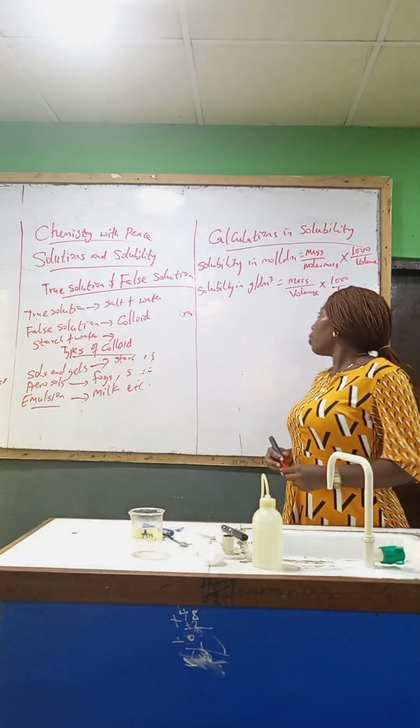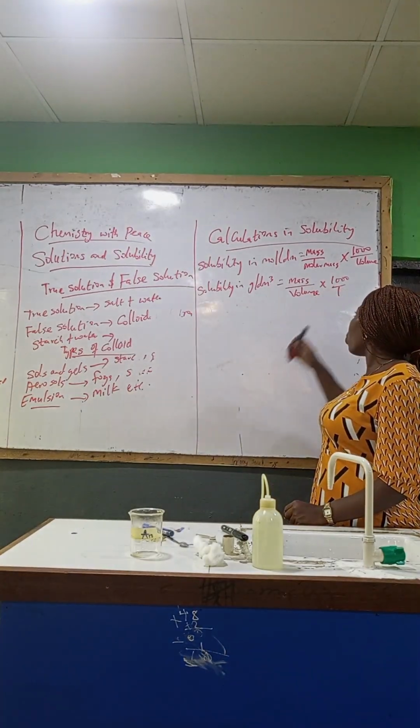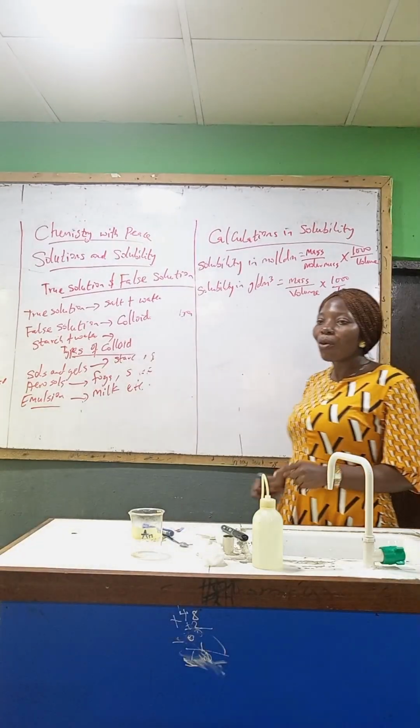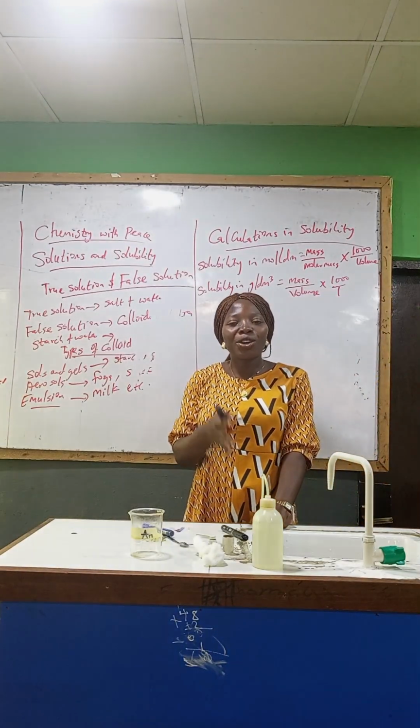Solubility in gram per dm cube is mass over volume times 1000 over 1. I believe you all know the meaning of solubility.